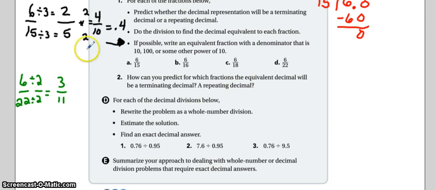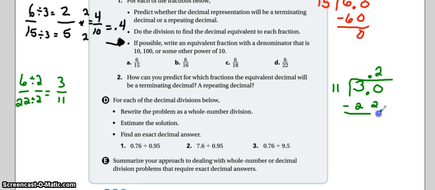So we're going to come over here to the other side of the screen, and we are going to divide 3 by 11. I'm going to add a decimal and a 0, and bring the decimal up, and 11 can go into 30 2 times. That gives us 22.